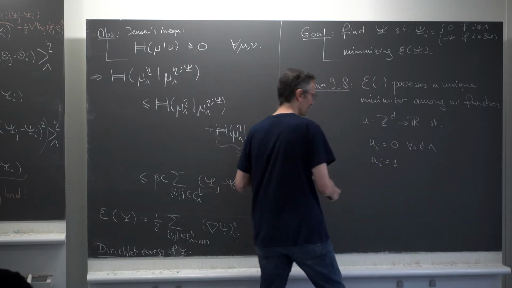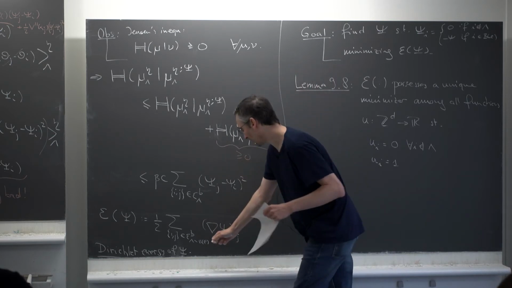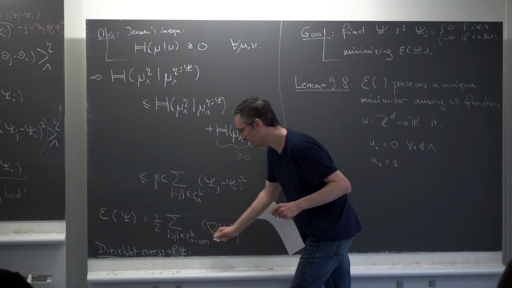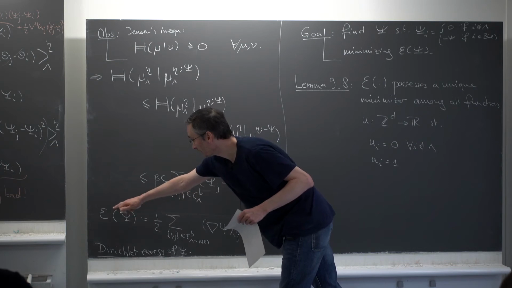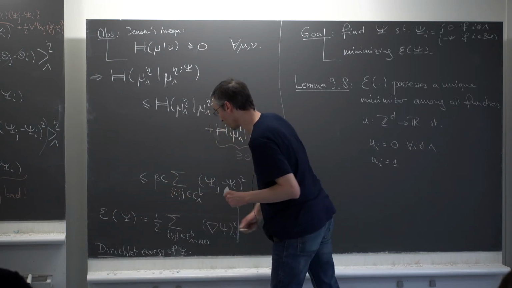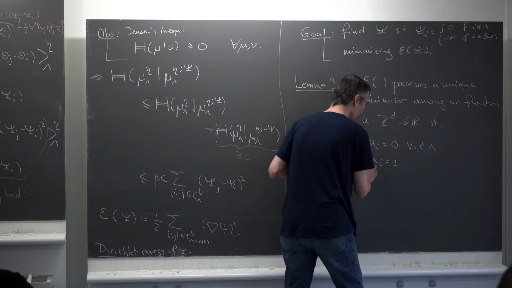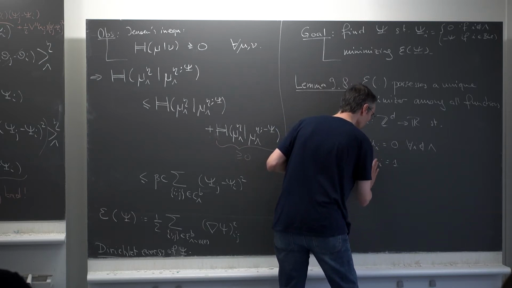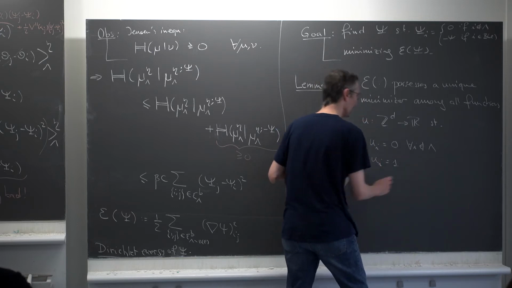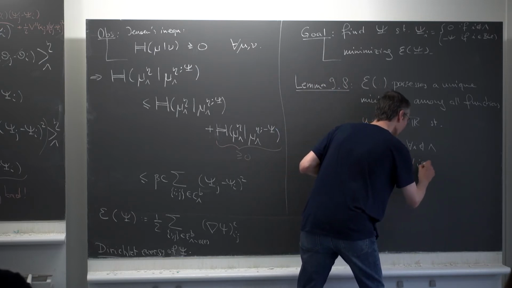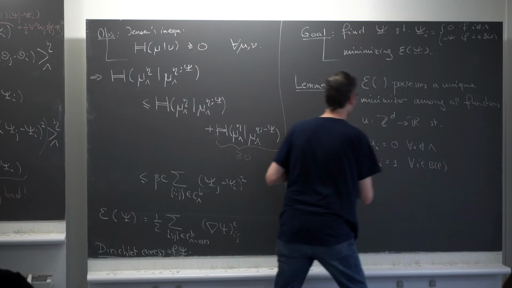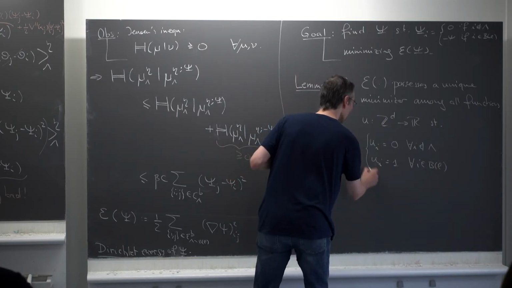We'll see that it doesn't change anything. I mean, if I multiply psi by a constant, this just multiplies the Dirichlet energy by the square of the constant, so we'll see later that it plays no role. So let me put 1, it gives nicer formulas. So ui is equal to 1 for all I in BL. Okay. So that's the assumption.